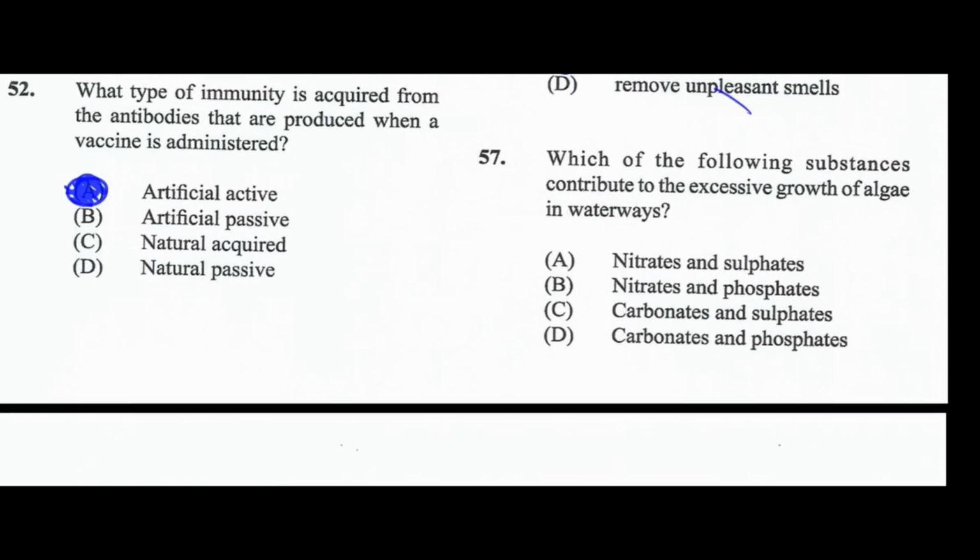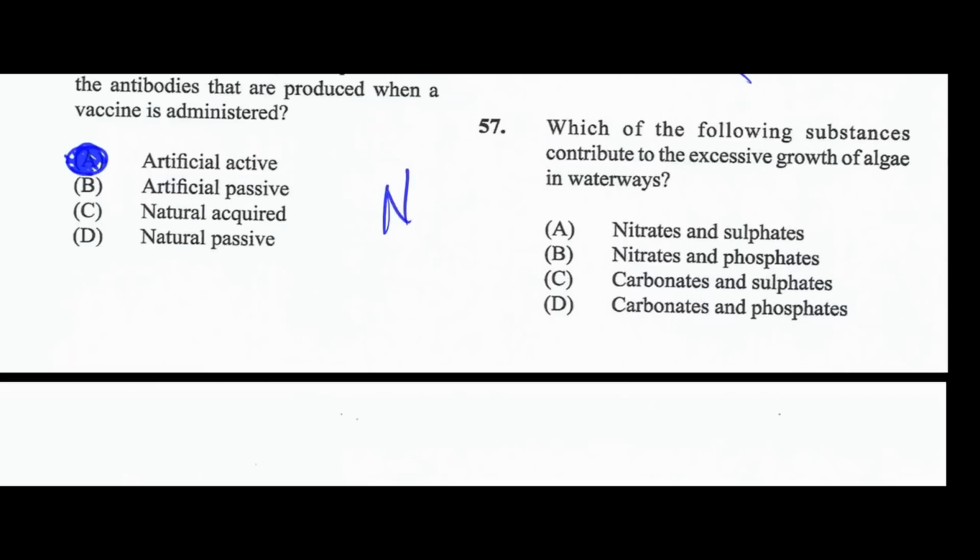So, which of the following substances contribute to the excess growth of algae in waterways? That's when you add fertilizers, for example, to water. It's called eutrophication. Fertilizers are called NPKs for some of them really, and that stands for nitrogen, phosphorus, and potassium. So by adding these to waterways, you can cause eutrophication, which is the excessive algae growth in the water.